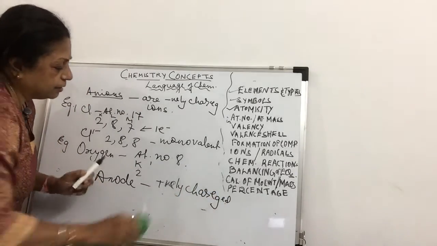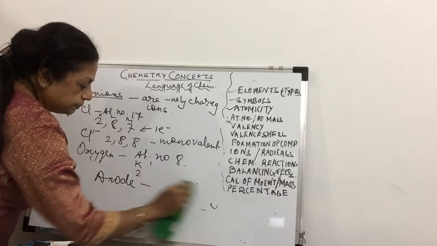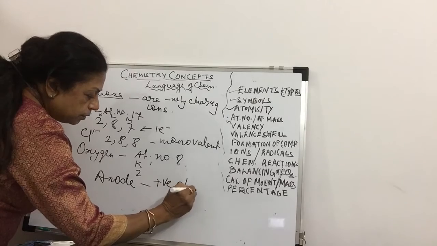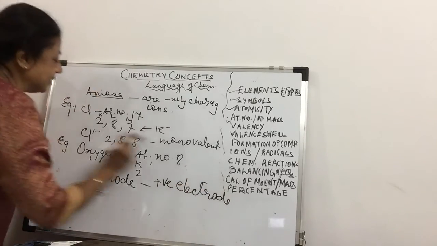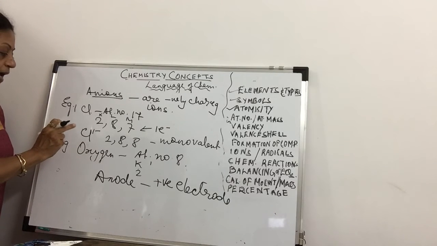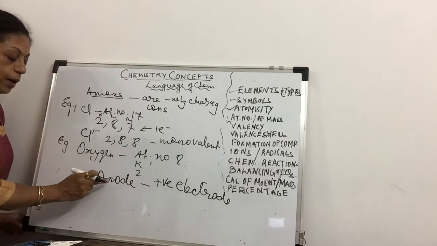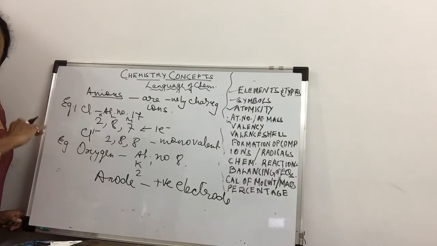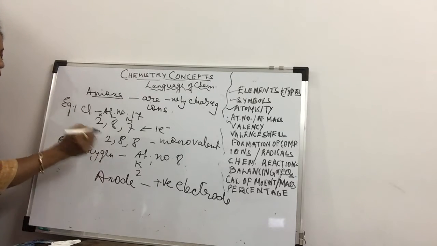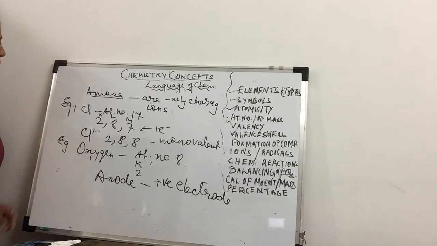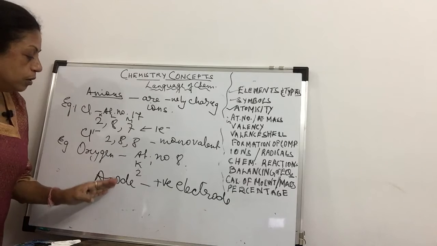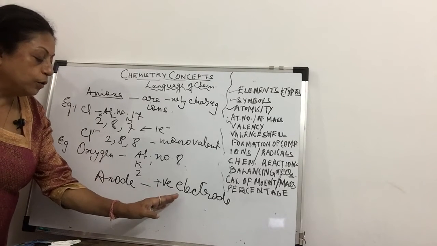Since these are all negatively charged ions, they will go to the positive electrode, because opposite charges attract each other. So all these monovalent, divalent and trivalent negatively charged ions will go to the anode electrode.